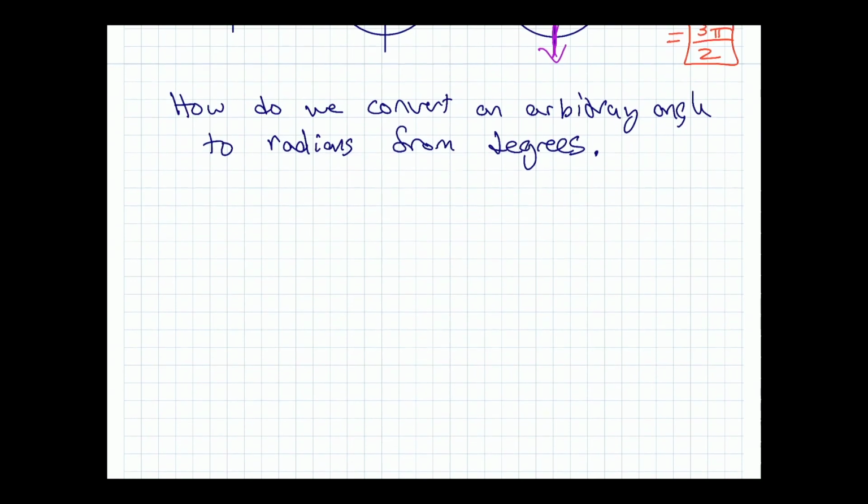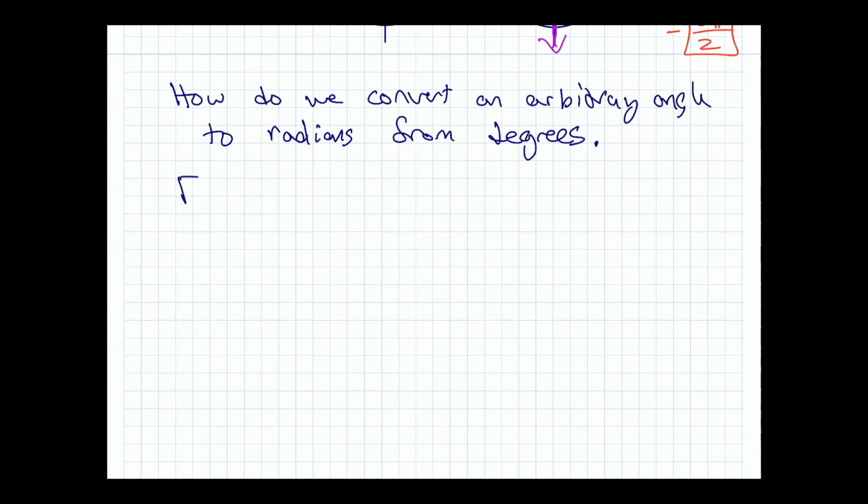It's easiest to do this with an example, so that's what I'm going to do. So I'm going to say convert, and we just need an angle. Could be anything. So I'm going to go with 210 degrees to radians. All right, so how do we do it?